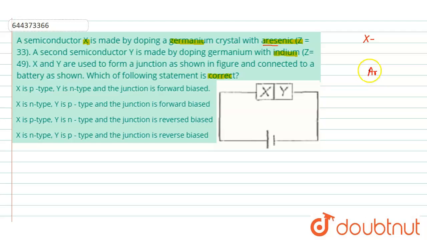It has 5 valence electrons, so it forms 4 covalent bonds with the 4 neighboring germanium atoms. Its 4 valence electrons form bonds like this with these germanium atoms.